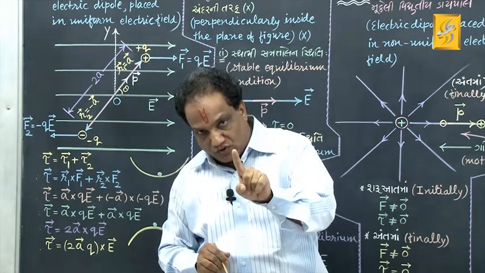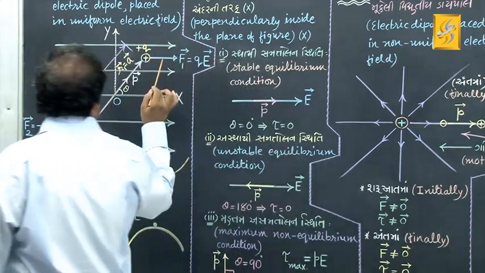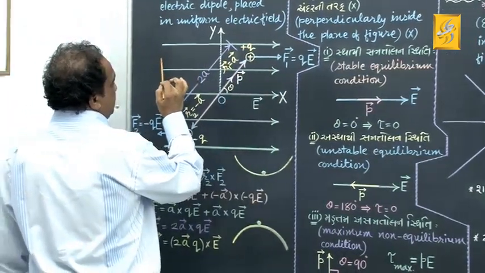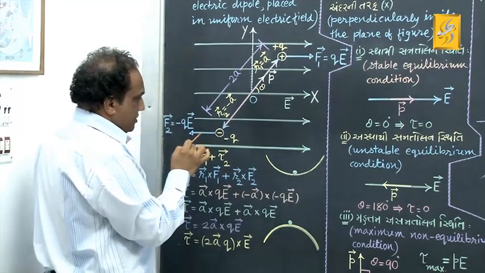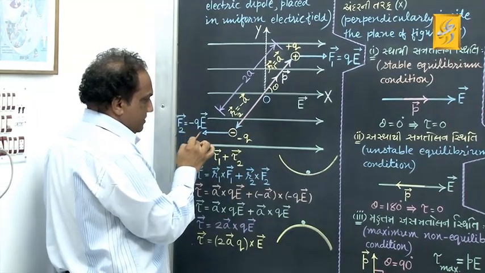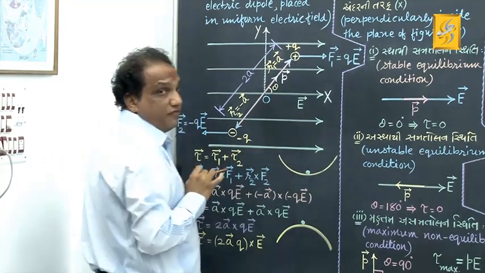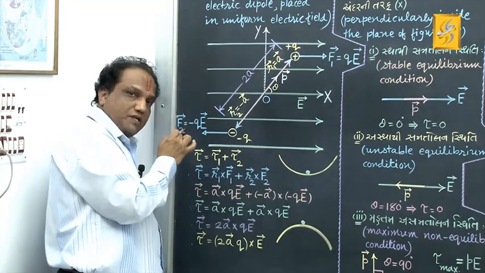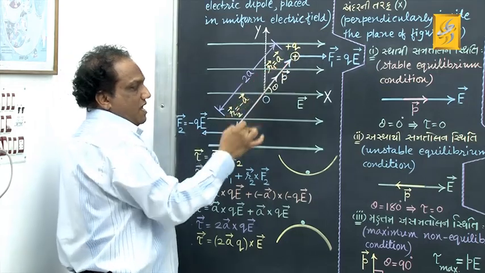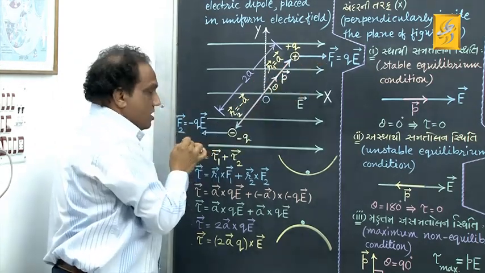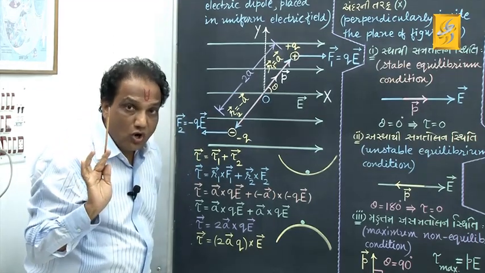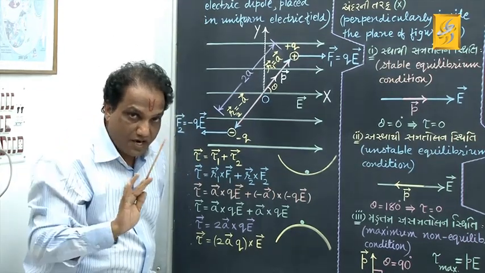Passing through this force vector is this line, which is called the line of action of force F1, and passing through this force vector, that line is this, which is nothing but the line of action of vector F2, correct? These two lines are different lines. So, these two forces are non-collinear, correct? They are not collinear.